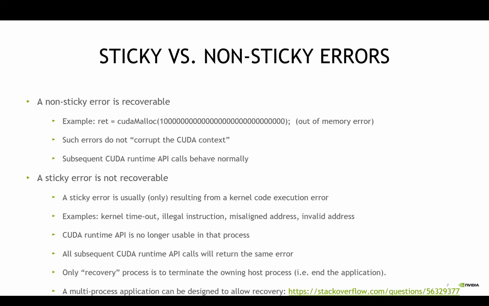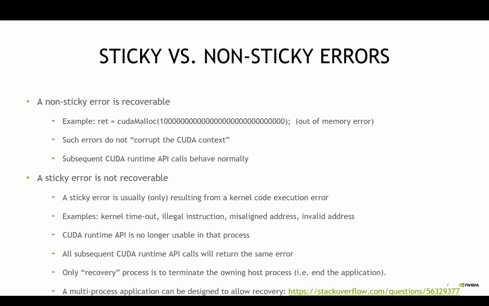However, this is sort of getting off in the weeds, so I'm not suggesting this is particularly important. But if this is something that's extremely problematic for you, it is possible to design a multi-process application that spawns child processes that use CUDA. And then if the child process runs into an error, like a sticky error, like what we're talking about, you can terminate that child process, essentially revert to the parent process, and the parent process can then spin up a new process that will start over, so to speak.